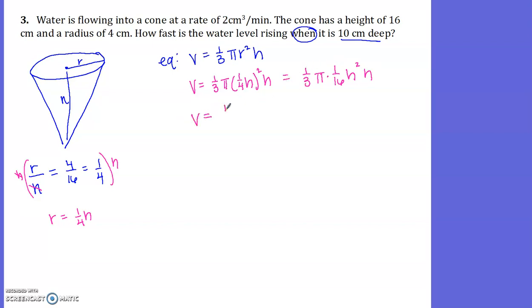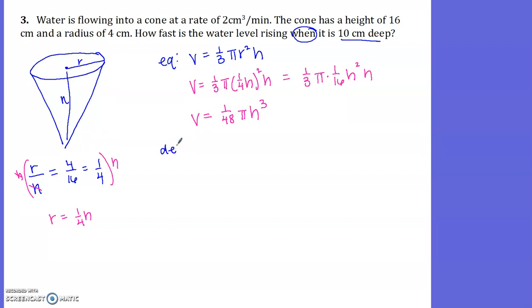So 1/3 times 1/16 is 1/48 pi h cubed. Okay. So the cone problems, it'll always be set up a proportion, always do r over h, solve for r, plug it in, square it, and then simplify. Okay.